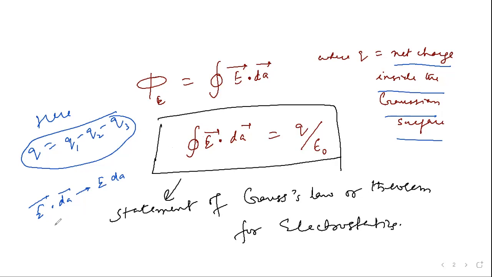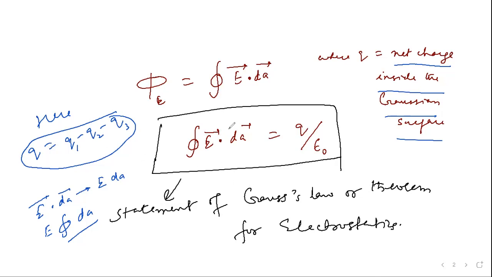Then this integral becomes just E times closed integral dA. Then this thing is simply what? Surface area of my Gaussian surface. And my Gaussian surface should be some regular surface so that its surface area can be calculated, right?